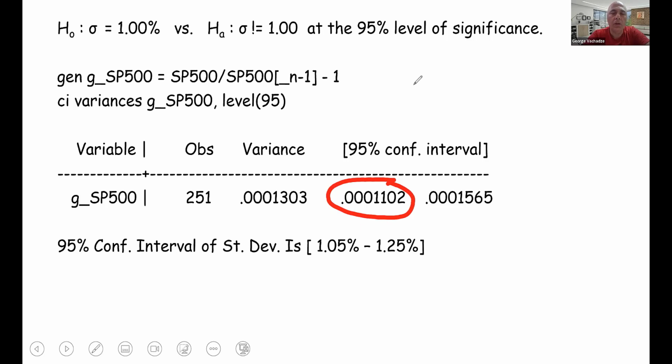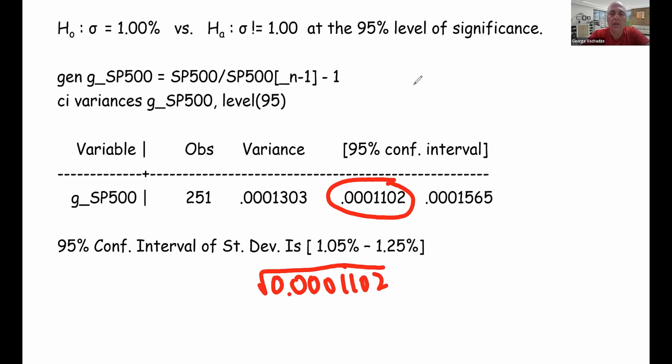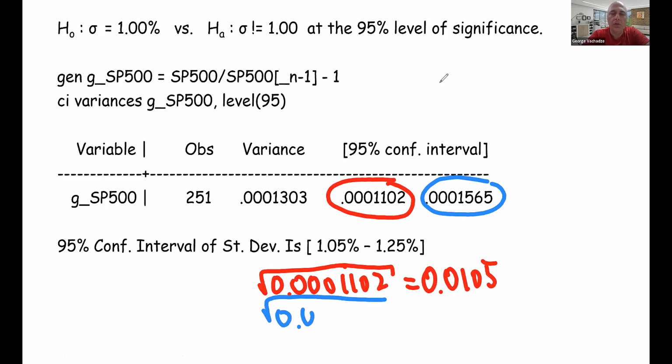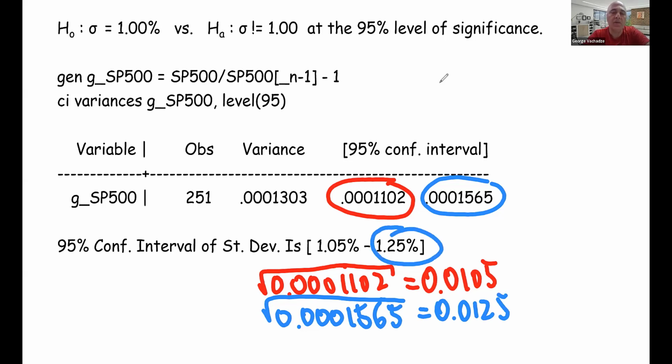I take the square root of 0.0001102, and that gives me 0.0105, which is 1.05%, and then I take the square root of the upper bound, 0.0001565, and that gives me 0.0125, which translates as a percentage into 1.25%.